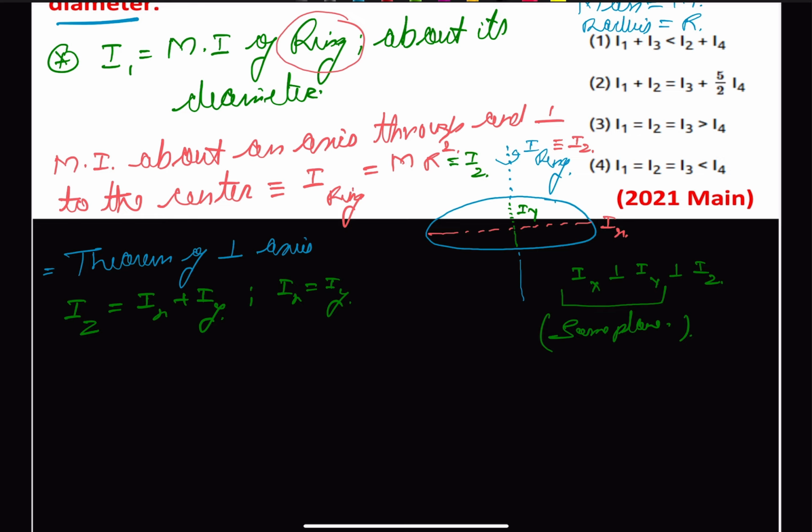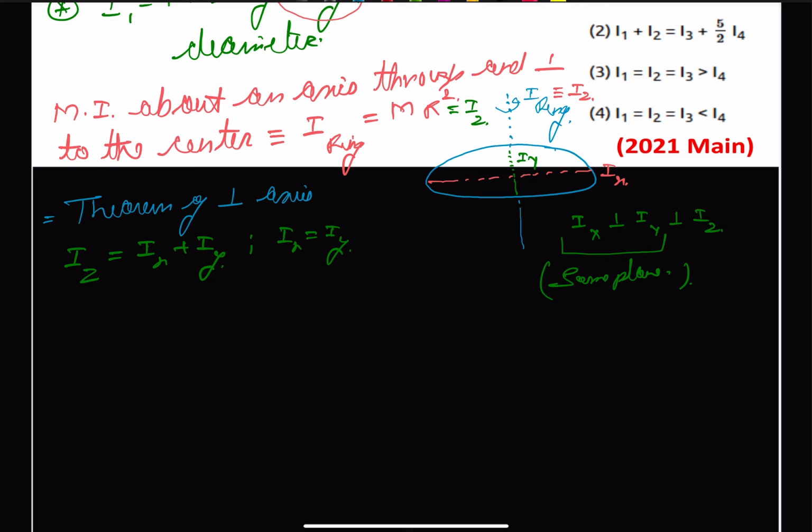Therefore we can write MR square equals, taking Ix, twice Ix. So Ix with respect to the diameter is MR square upon 2, and here Ix is nothing but our I1.